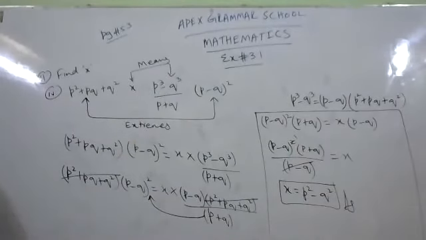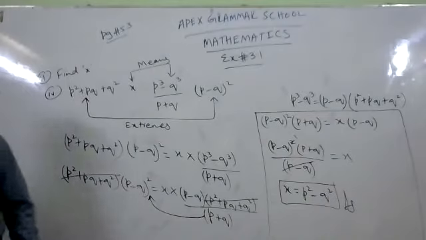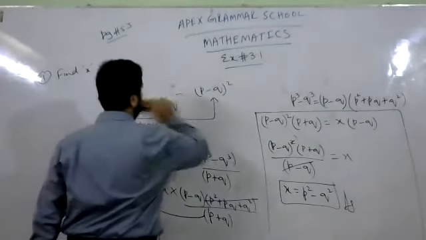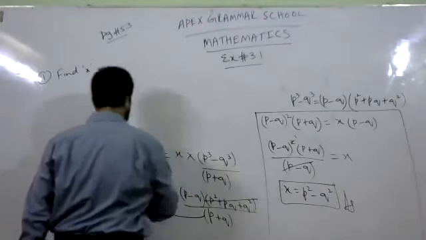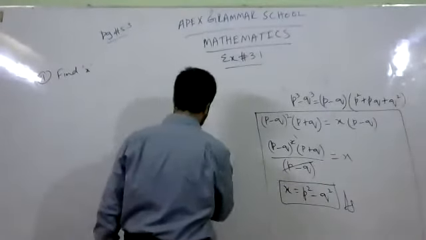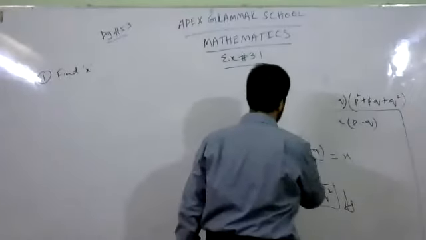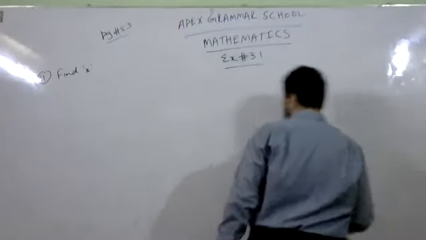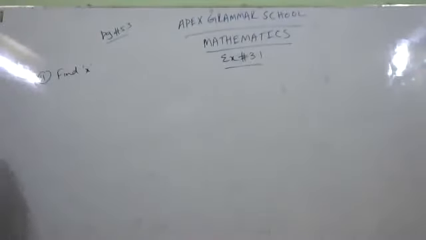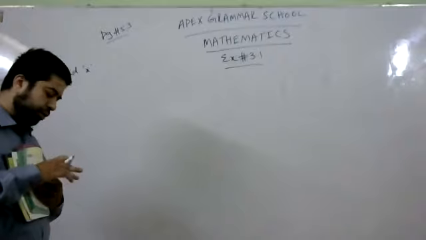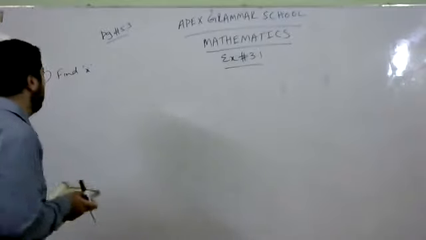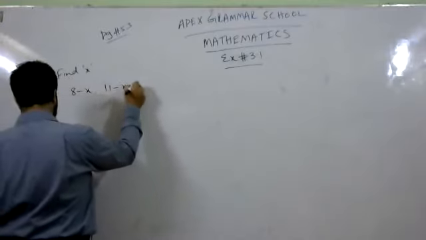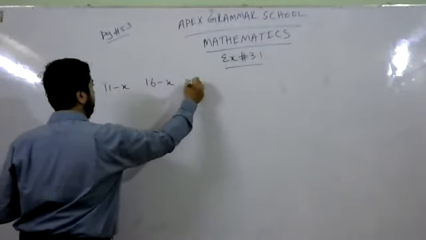Now the last part of this exercise, part 5, is again to find the value of x with proportion, that is 8 minus x ratio 11 minus x, proportion 16 minus x ratio 25 minus x.